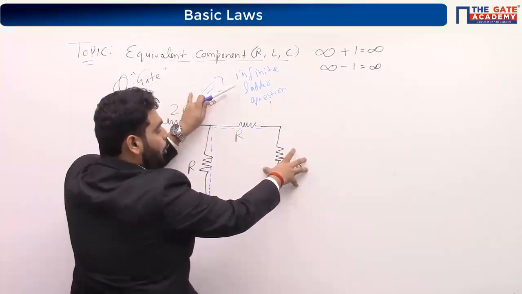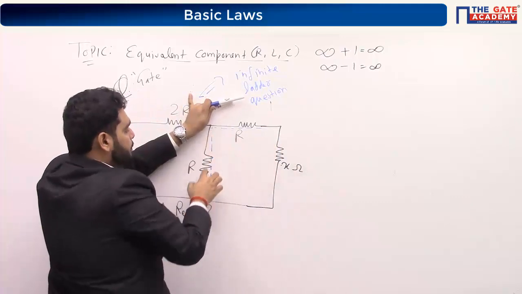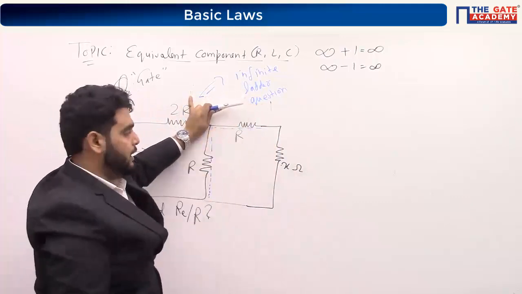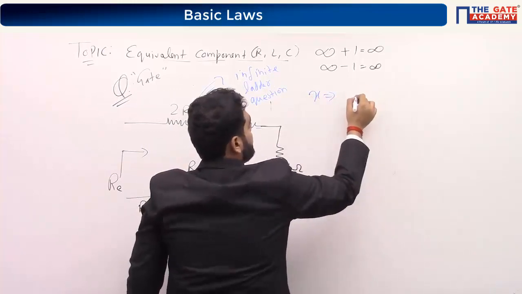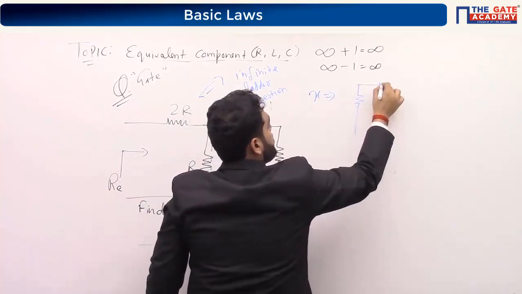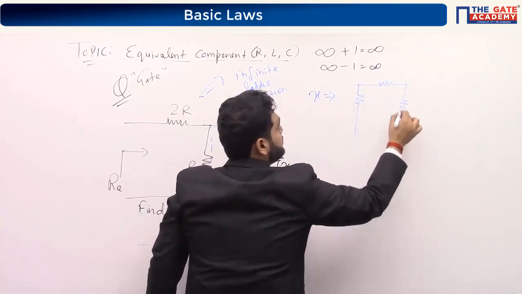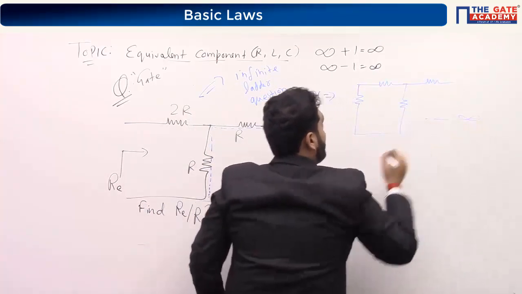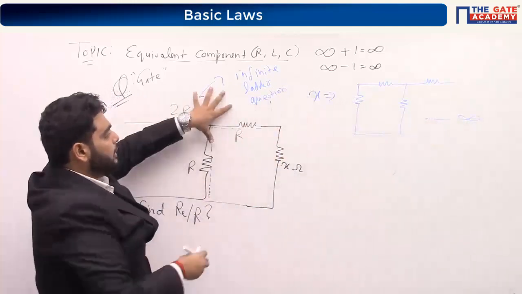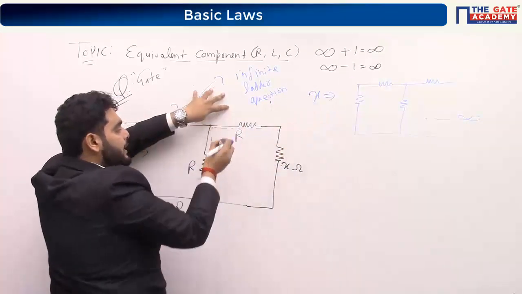Okay, now see. In this X ohm, I am adding one more branch that was repeating. Which means here X is this thing. Now I am adding the same branch here.